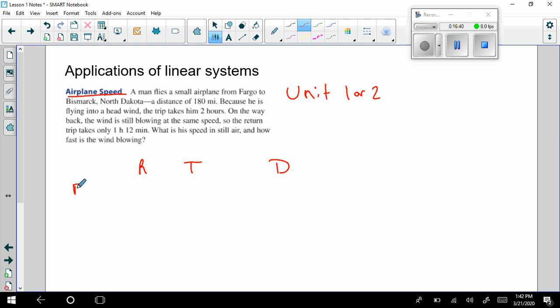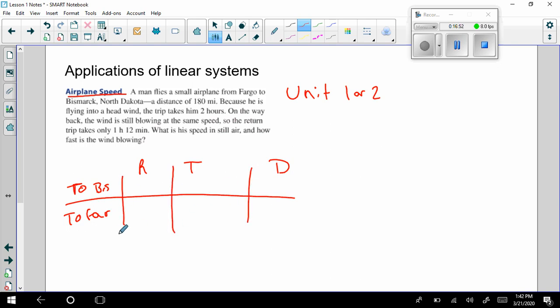So we'll say to Bismarck and then back to Fargo, or put there and then return or something like that. But his distance was 180.